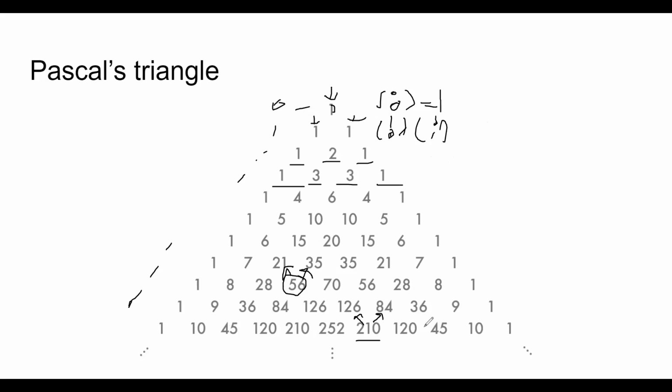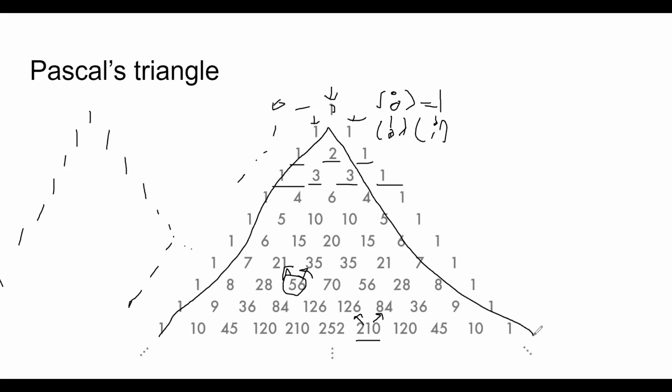And so you can recursively define this triangle so that if you start with just a shell of ones, so you basically have a 1 at the beginning and end of every single row, like this part right here.